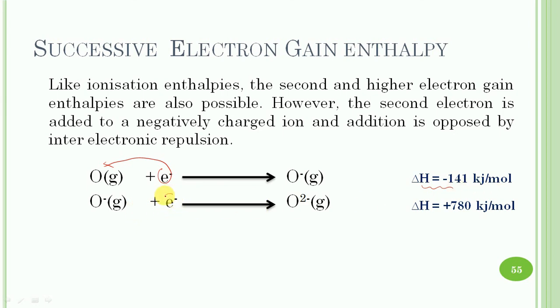If we try to add one more electron to this, instead of attraction it will feel repulsion due to the presence of the already added electron. So the value in this case is positive, plus 780 kilojoules per mole. So energy is required if we want to add a further electron to O minus. So that is all about successive electron gain enthalpies.